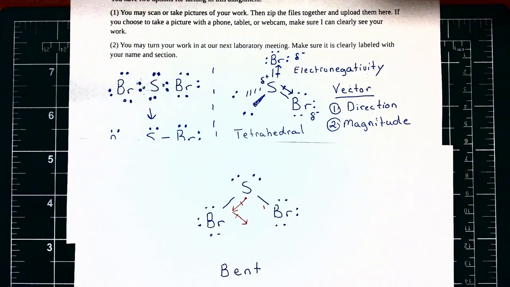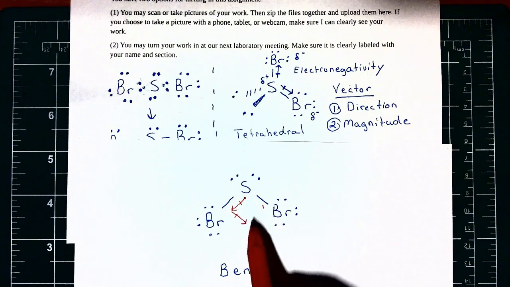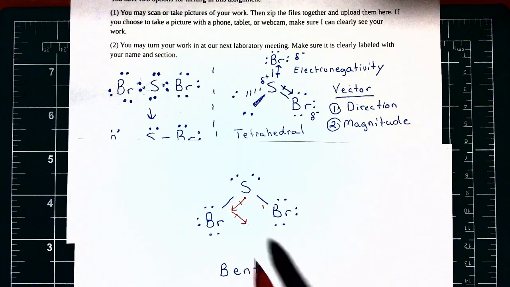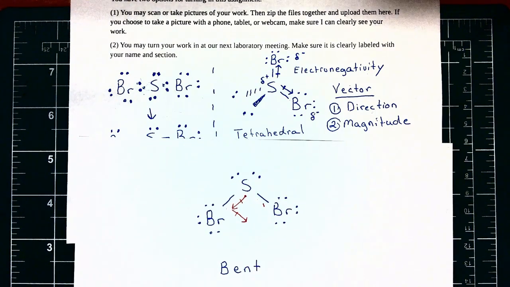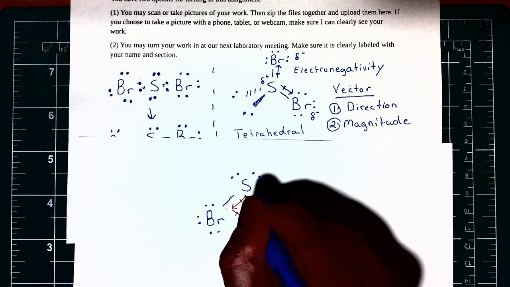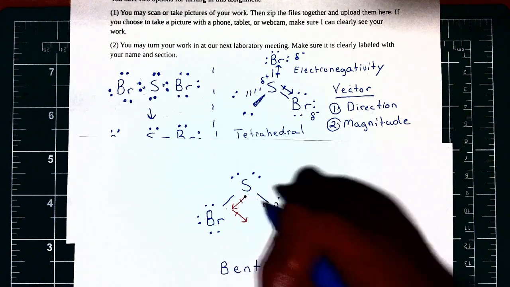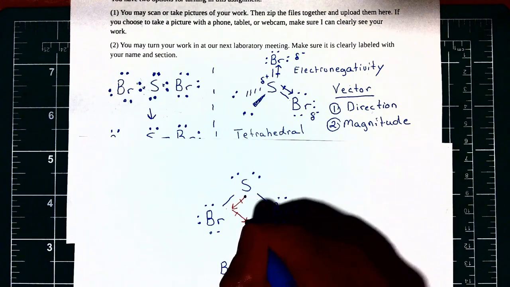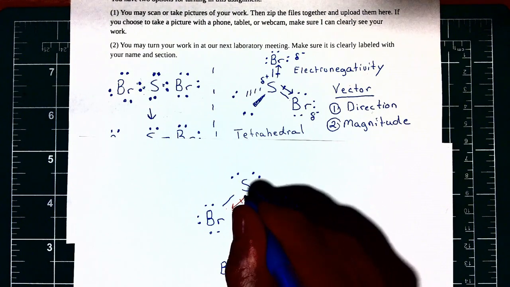Okay, so this is how we can graphically sum vectors. The sum is going to be an arrow that starts at the tail of the first one and ends at the head of the last one.